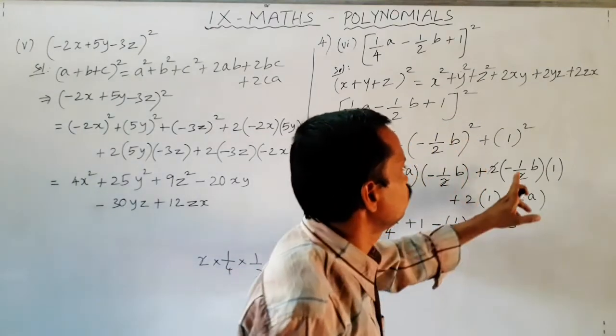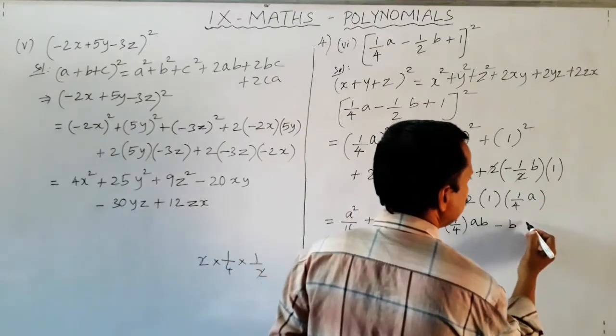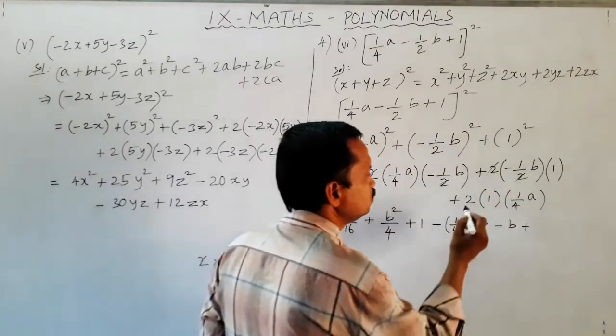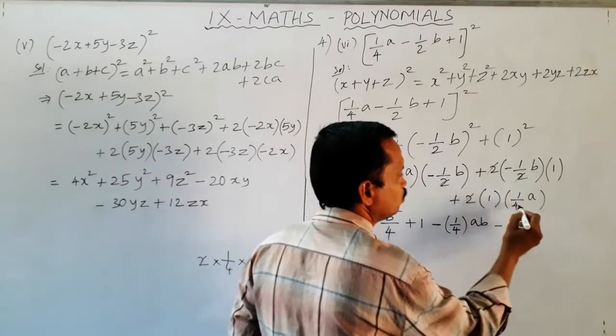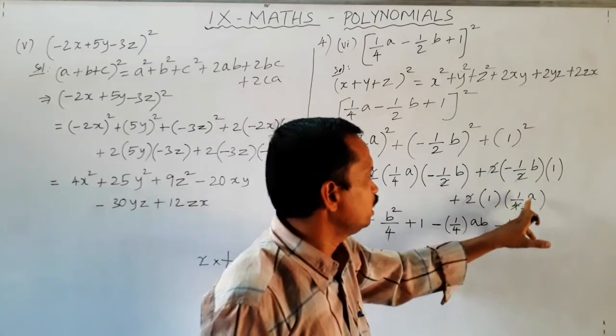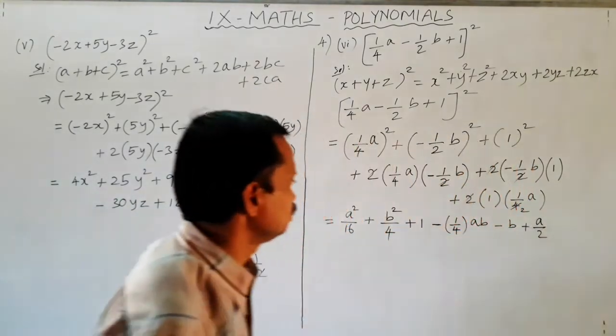You see 1 into 1, 1. So B alone is there. And then the last one you see plus 1. So here this 2 and this denominator 4 you can simplify. Okay, like this. So a by 2, that's all. Minus a by 2.